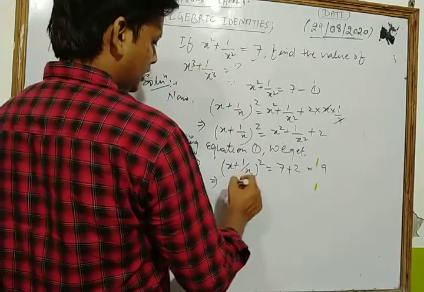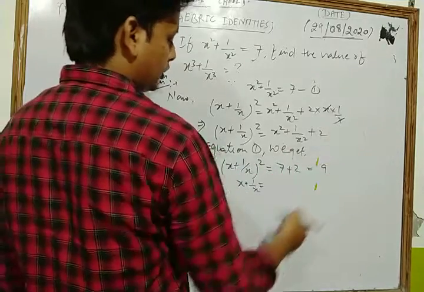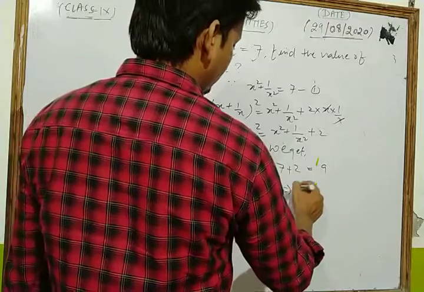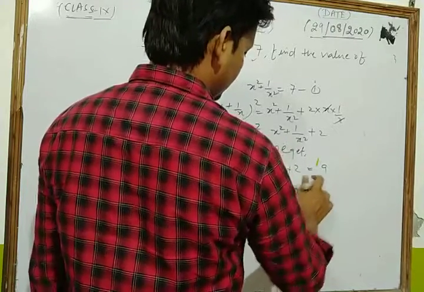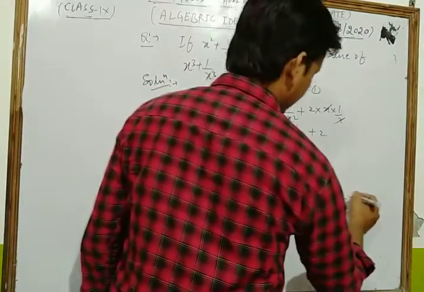Now x plus 1 upon x is equal to what? The square 9 transfers to that side, so we write root 9. So the value of x plus 1 upon x is equal to 3. The square root of 9 is 3.